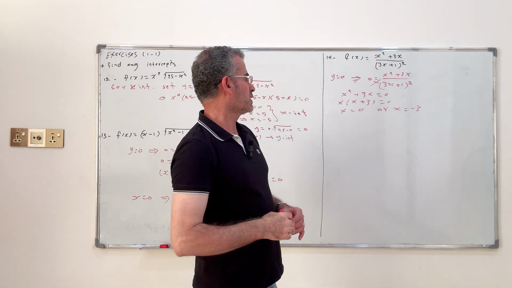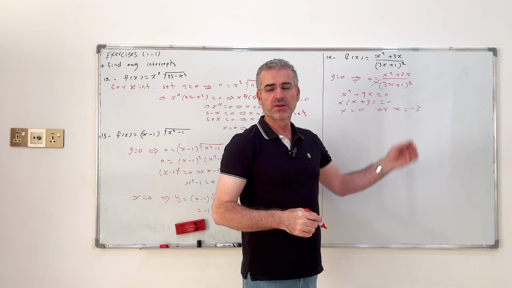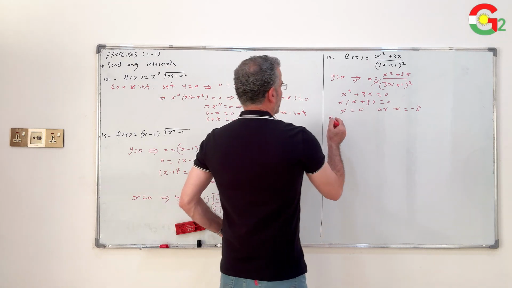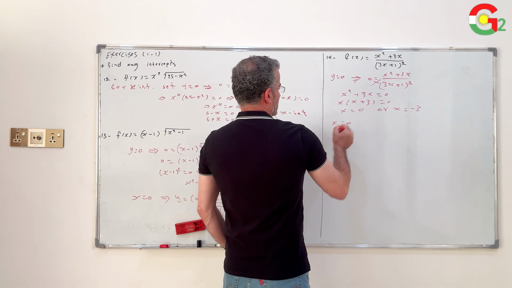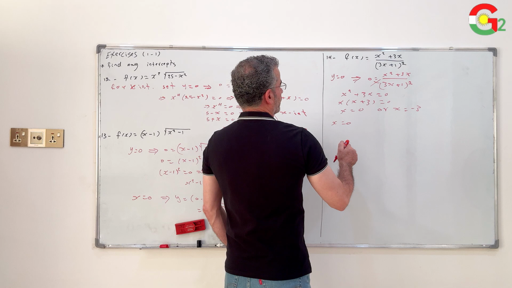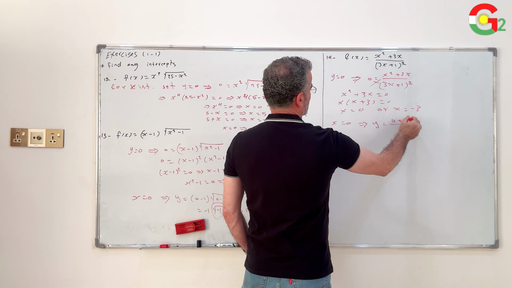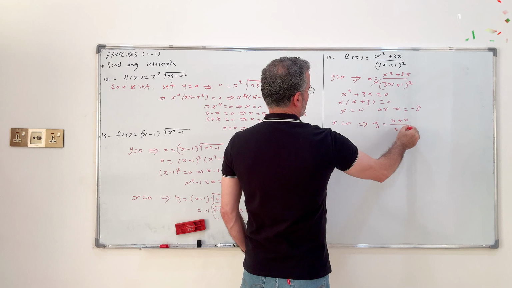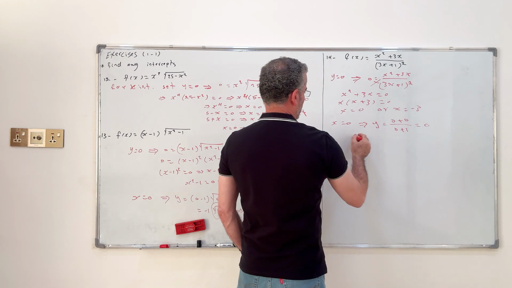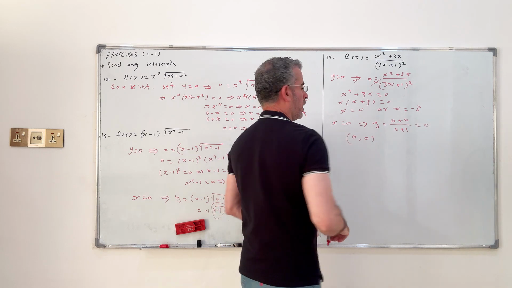We have two x-intercepts, 0 and negative 3. For y-intercept, I set x equals 0 and solve to find y. 0 plus 0 over 0 plus 1 equals 0, then 0, 0 is the y-intercept.